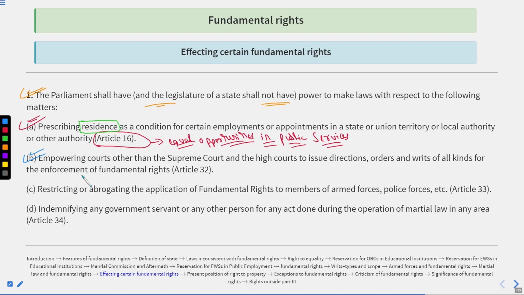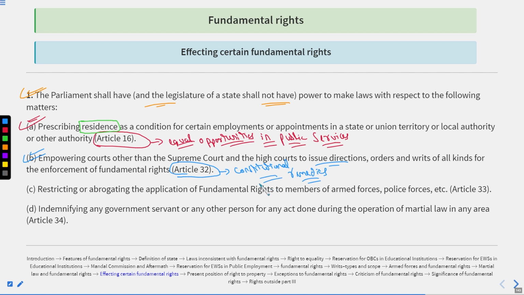Thereafter, empowering courts other than the Supreme Court and the High Courts to issue directions, orders, and writs of all kinds for the enforcement of fundamental rights prescribed in Article 32, which stands for constitutional remedies.